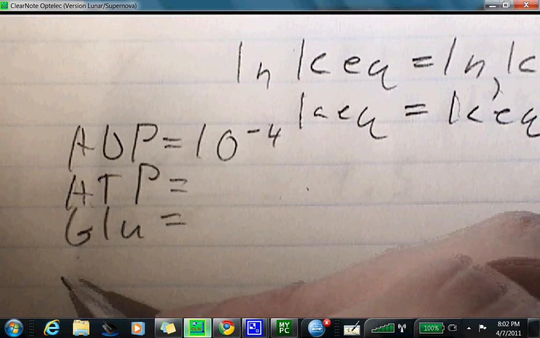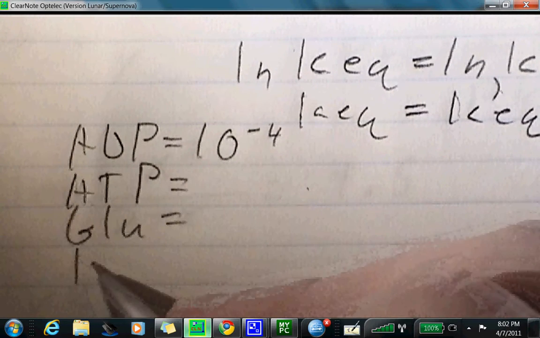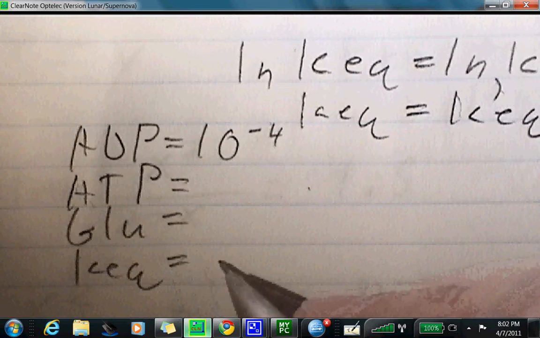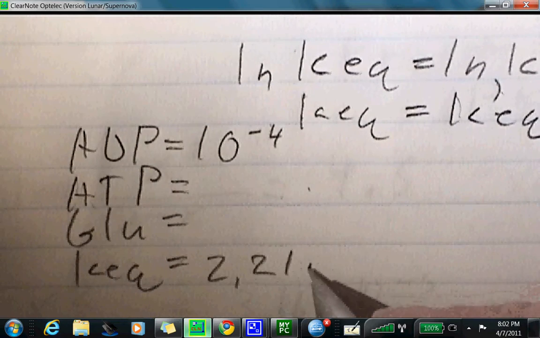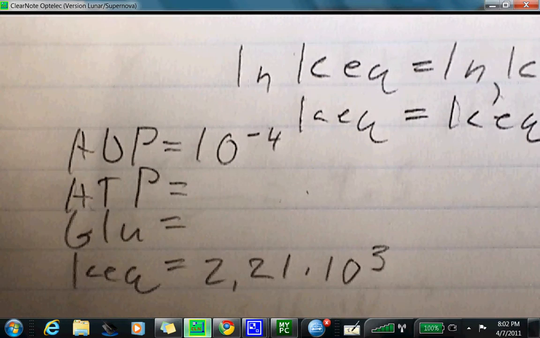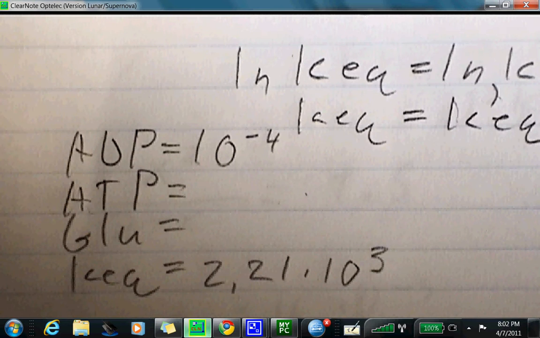Our Keq is going to equal 2.21 times 10 to the third.